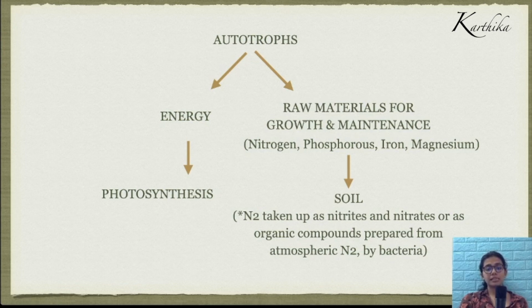So nitrogen is either taken up as nitrates and nitrites, or as organic compounds prepared from atmospheric nitrogen by bacteria. That means some bacteria take up atmospheric nitrogen and convert it into organic compounds. The plant in turn takes up these organic compounds and derives nitrogen from them. Right? So plants work with bacteria for their needs of nitrogen.